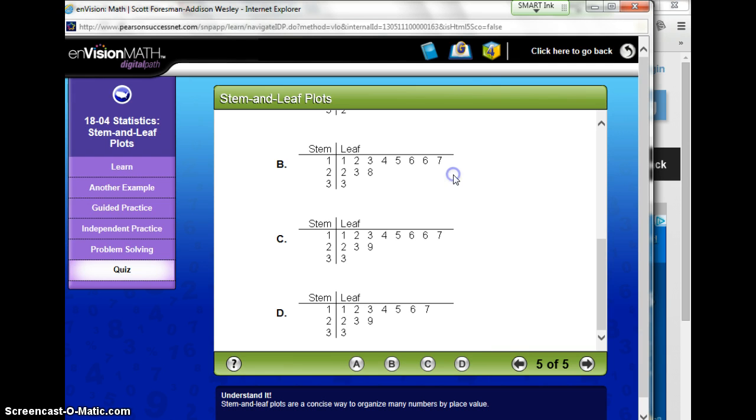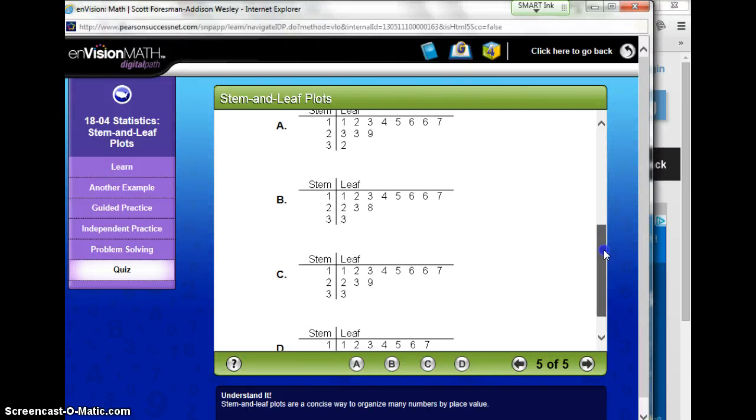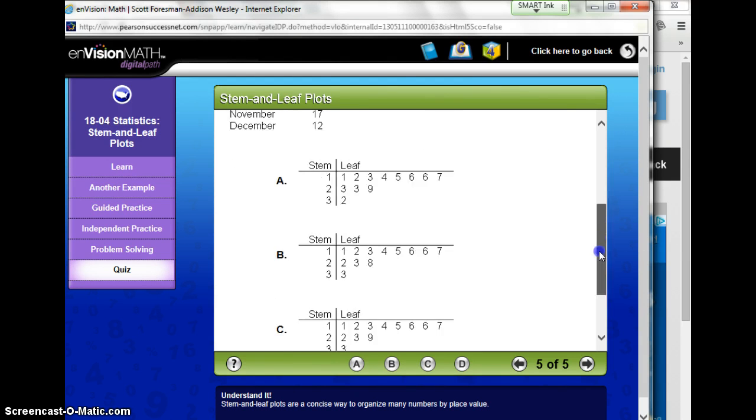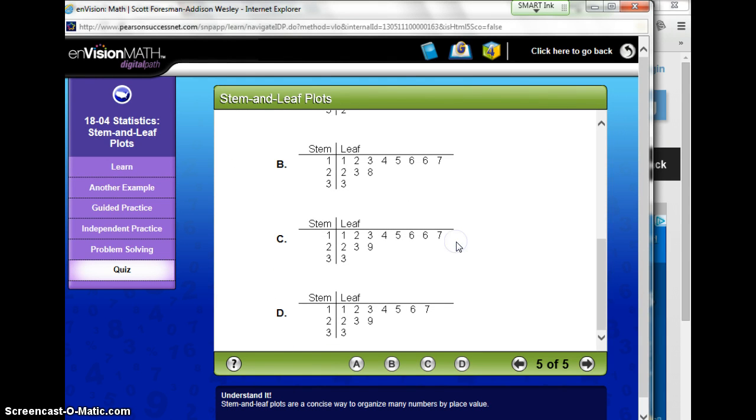So we can eliminate B. So we're down to these 2, right? So now when I look at the ones, I should see a difference. This one has 2 6s and this one has 1. So what does that represent? 16. Let's see if there's 1 16 or 2 16s. So it's got to be C. Good work, you guys.